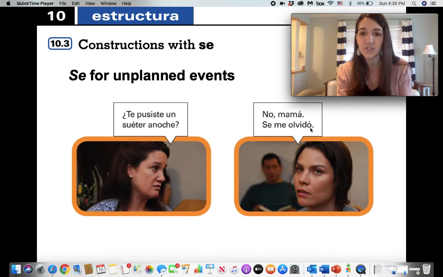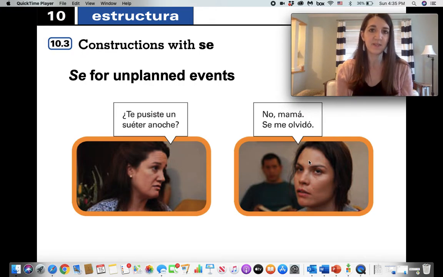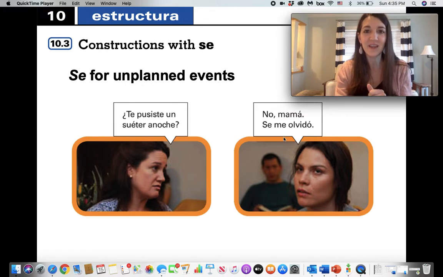But do you notice how she said olvidó, like he or she? So what you're doing with this are things that you don't do on purpose. And I alluded to this at the beginning of this chapter with things like breaking an arm or twisting an ankle. You don't do those things on purpose. You don't forget something on purpose. Right? Well, you shouldn't. So she's saying it got forgotten to me, and that's how this works as well.